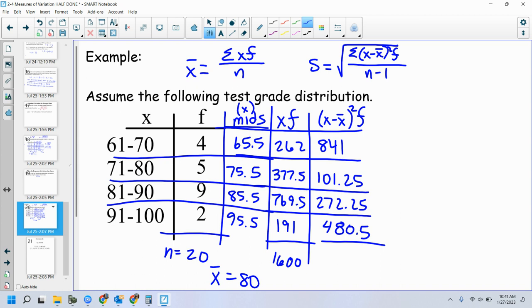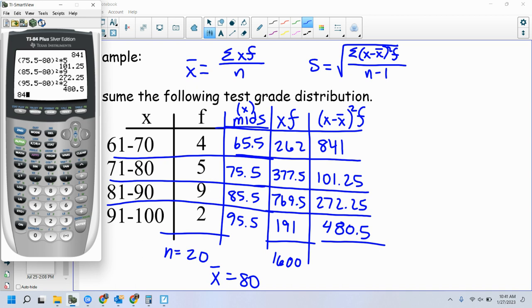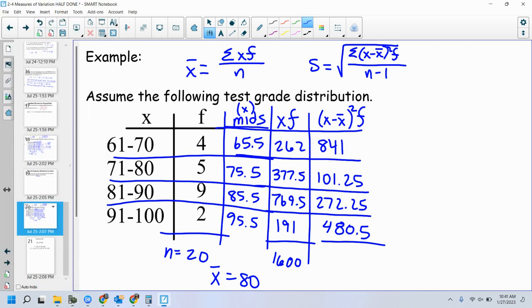Okay, let's add all those up together. 841, 101.25, 272.25, and 480.5 gets us 1695.